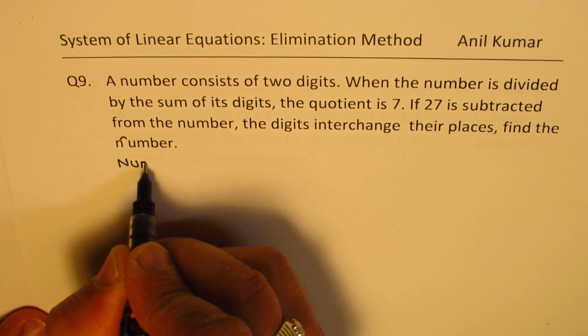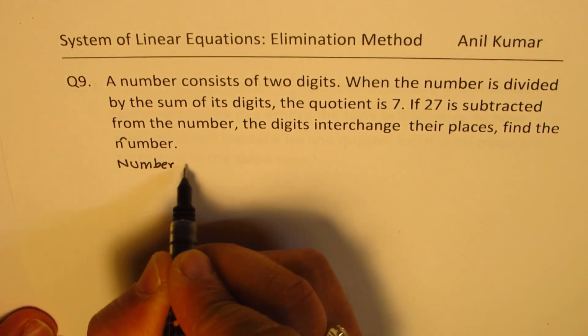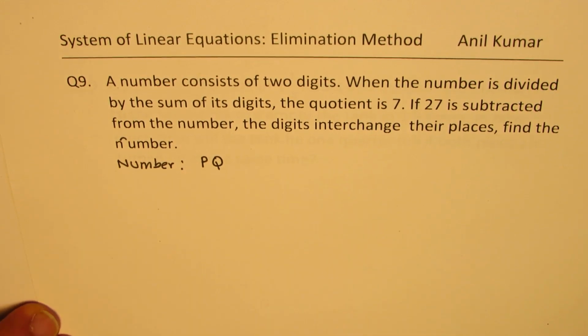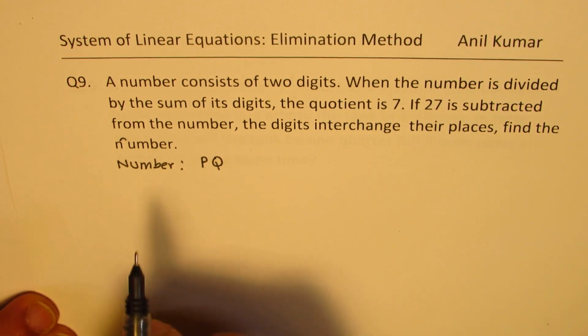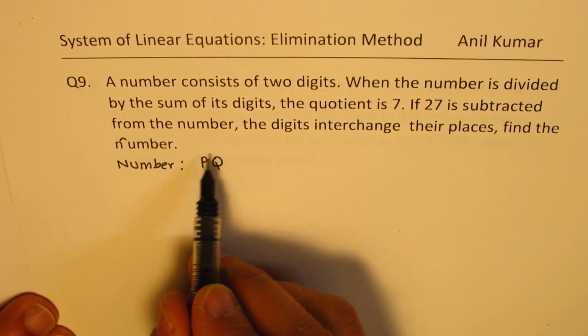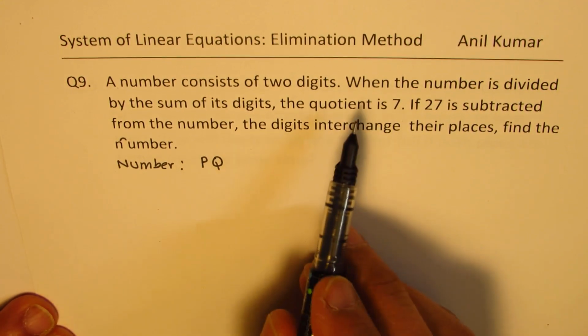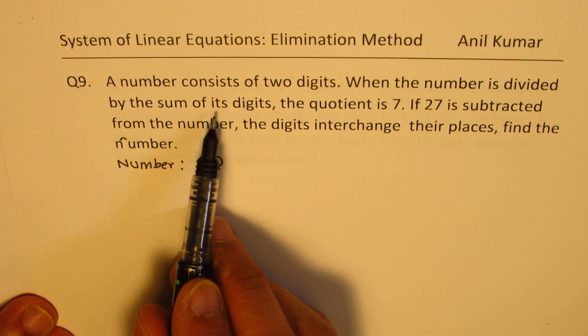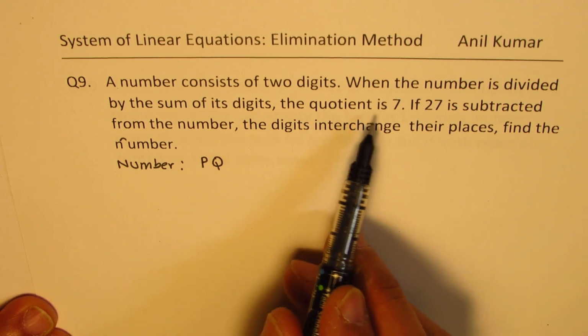So we are taking the number as, let's say, P times, that is our number. We need to find what is P and what is Q. These are the 2 digits, right? This is 1's place, this is 10's place. When the number is divided by the sum of its digits, the quotient is 7.